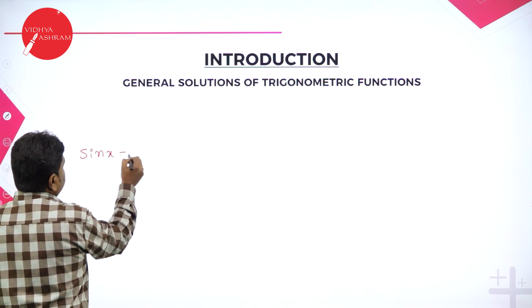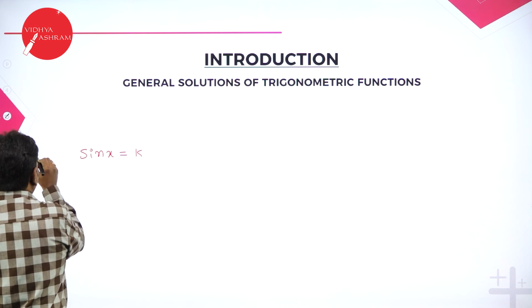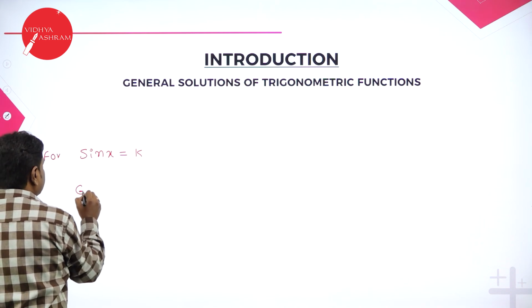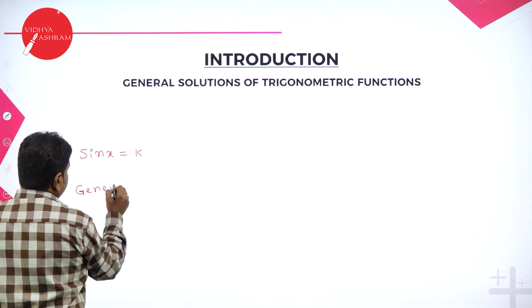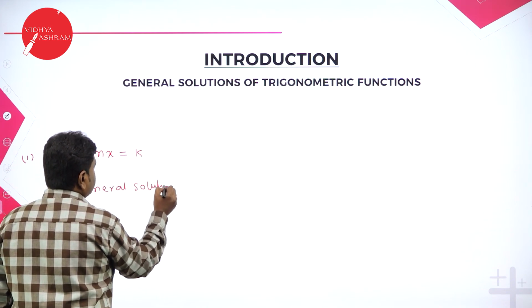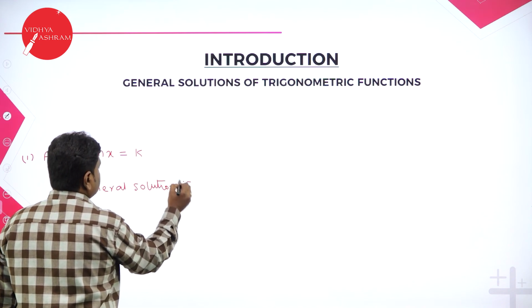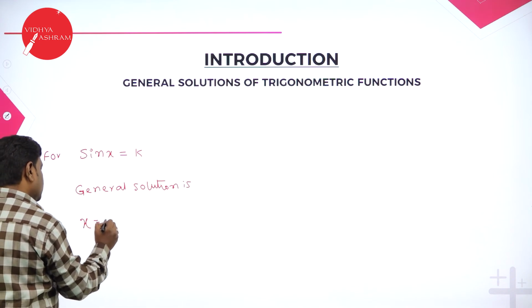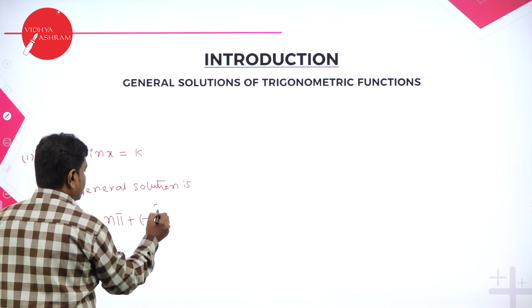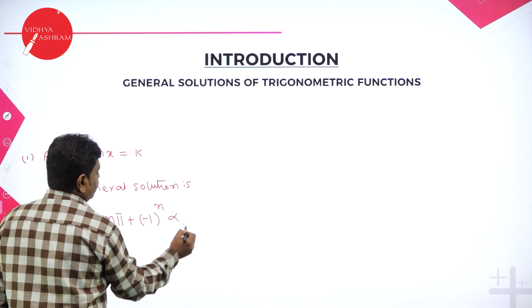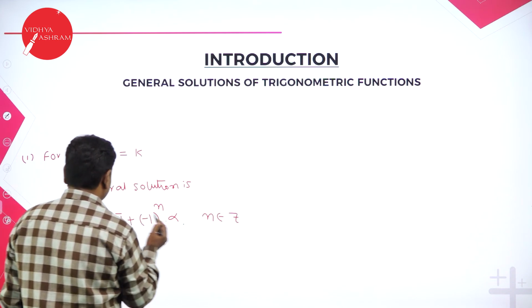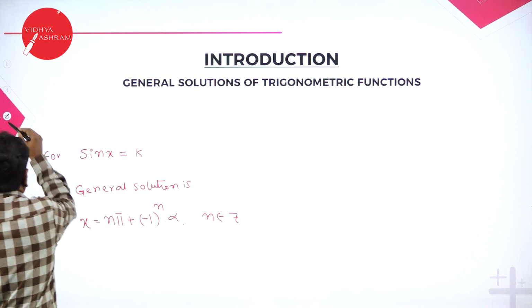For sin x is equal to k, the general solution, GS for short, is x is equal to n pi plus minus 1 whole power n alpha, where n belongs to integer.